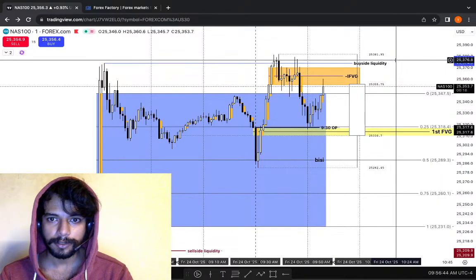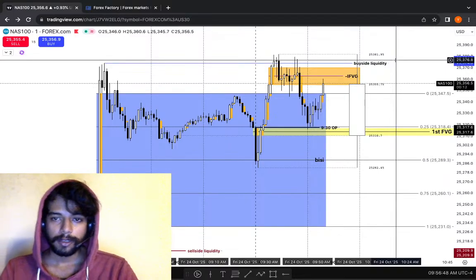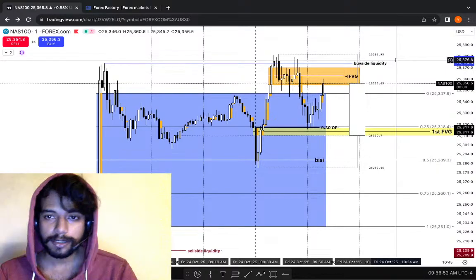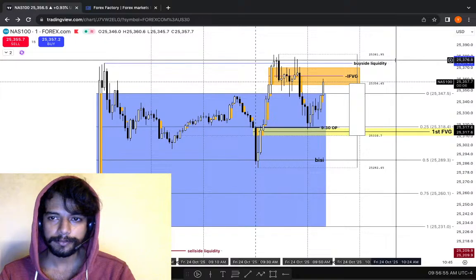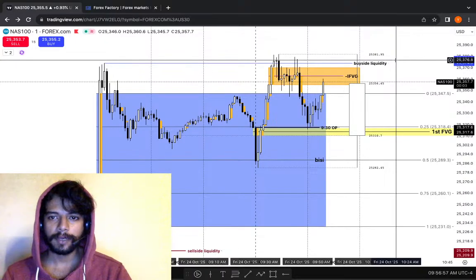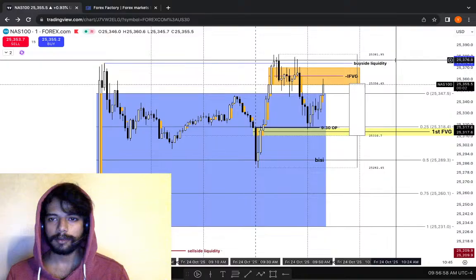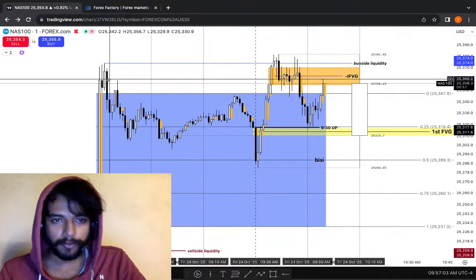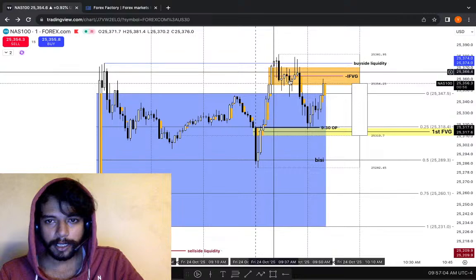That is the problem. Because when you start to think you have to make money, then it becomes very difficult. But it's fine, nothing to worry about. Because of this big move, the AM session would be very choppy now.